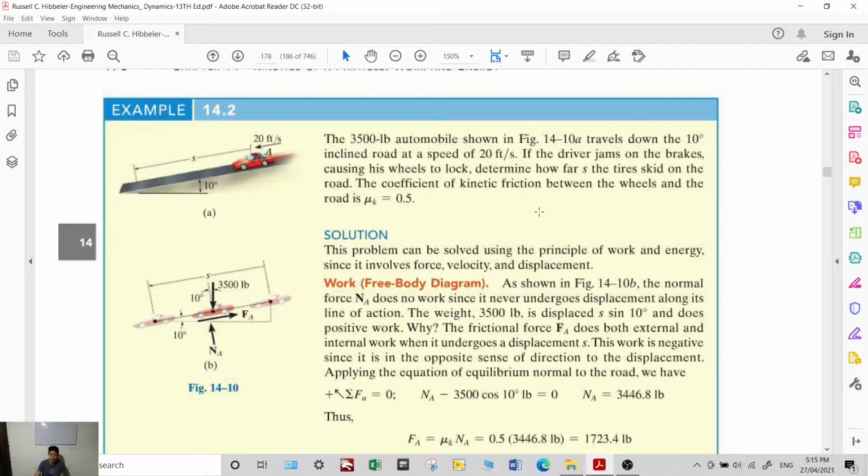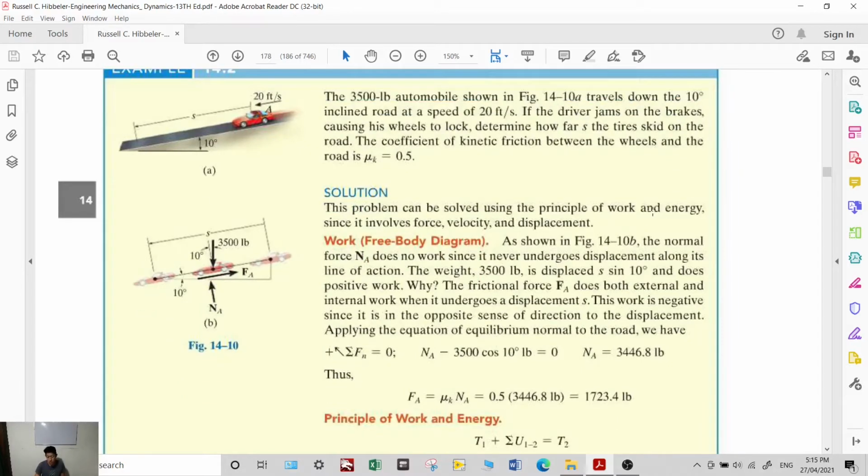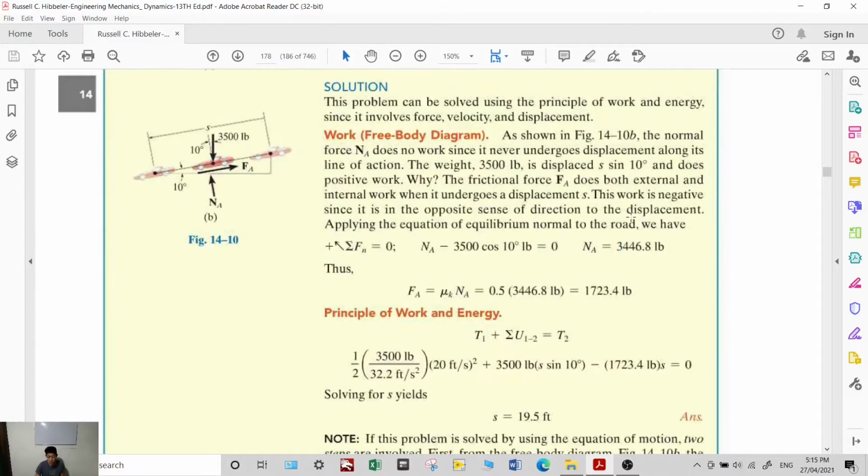The coefficient of kinetic friction between the wheels and the road is mu k equal to 0.5. Okay, so again, since it involves work, the notation for work is the same. Positive if they are in the same direction as the displacement.